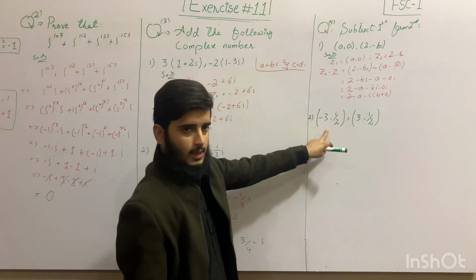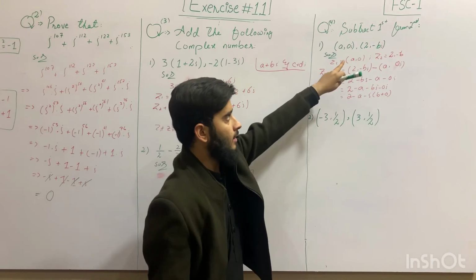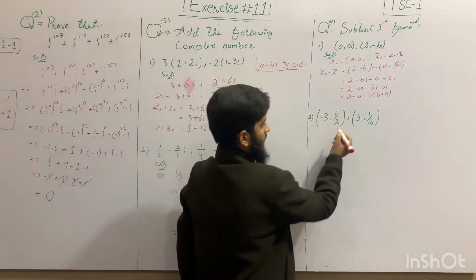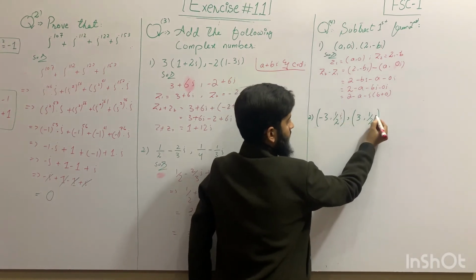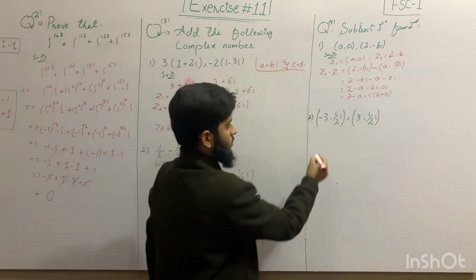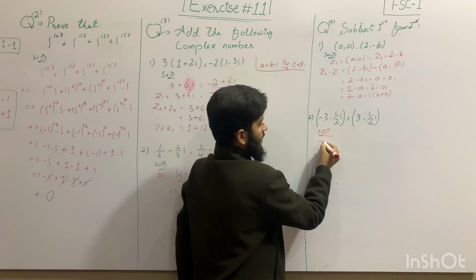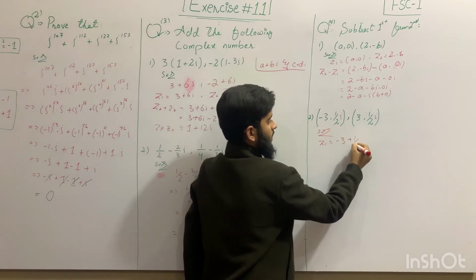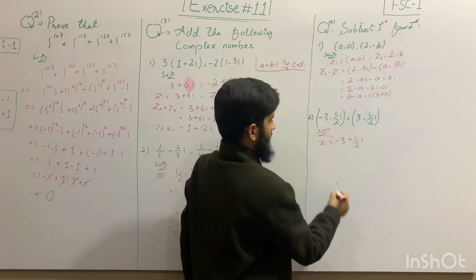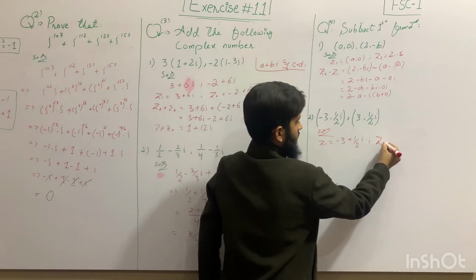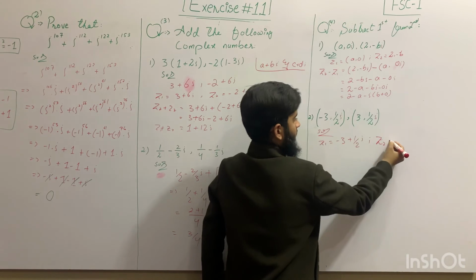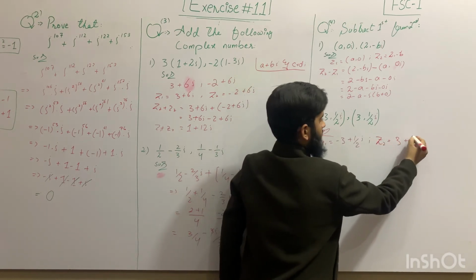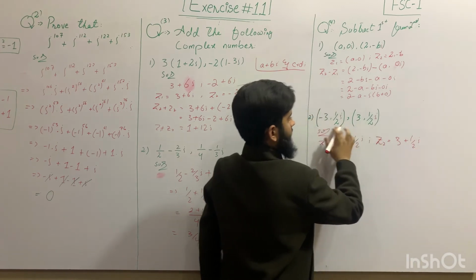Now this is another question on complex numbers. Here we have iota again. Remember that in the book iota is missing. So, solution. Let's say for example Z1 is equal to minus 3 plus half iota and Z2 is equal to 3 plus half iota, like these terms.